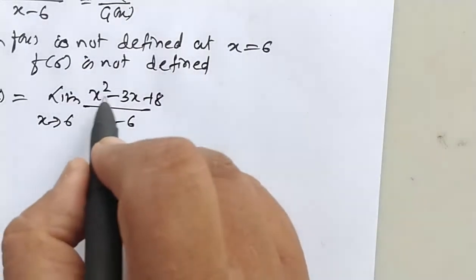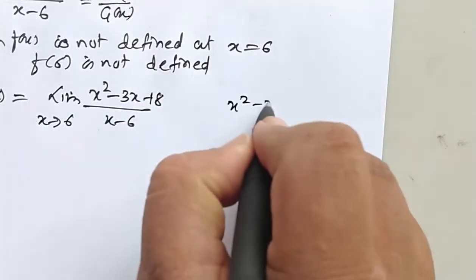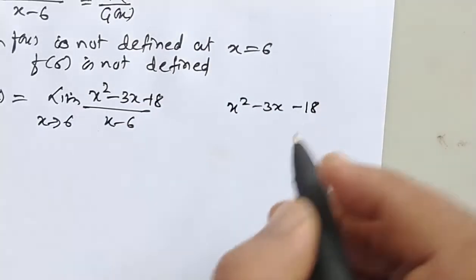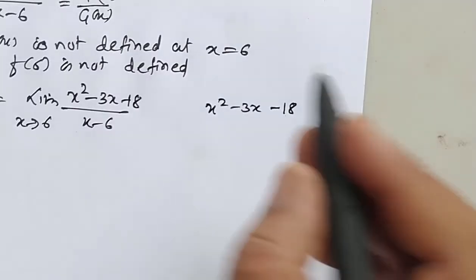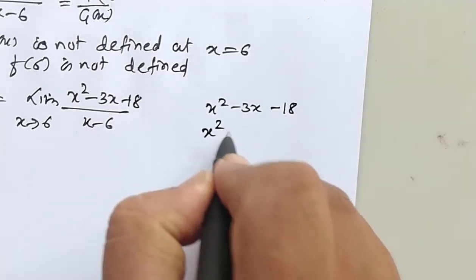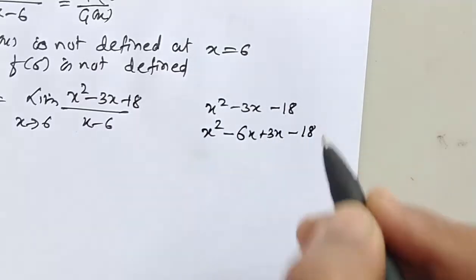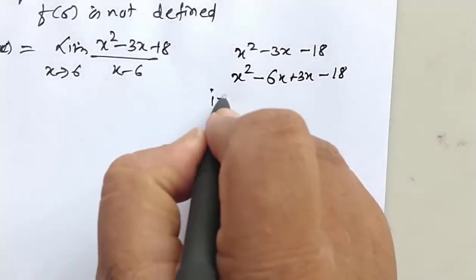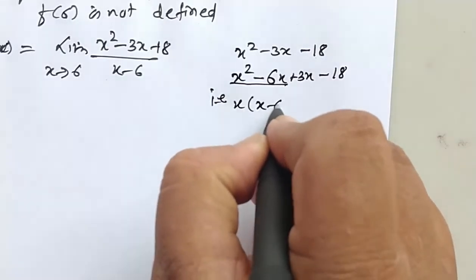We want to find the factorization of this quadratic, x square minus 3x minus 18. We know that the factors of 18 are 3 into 6. So x square minus 6x plus 3x minus 18. We can take x common, x minus 6.